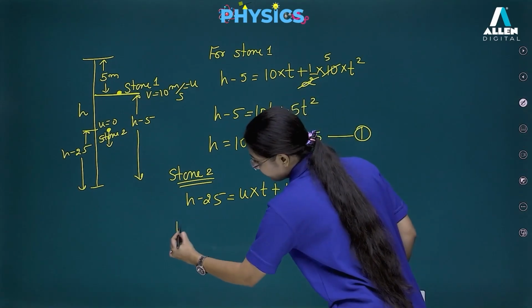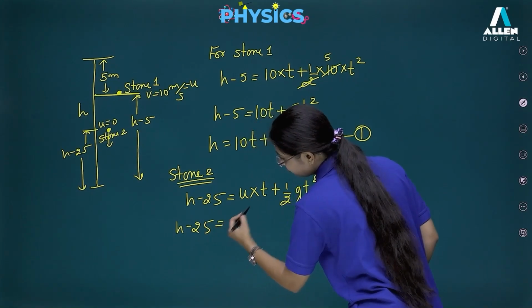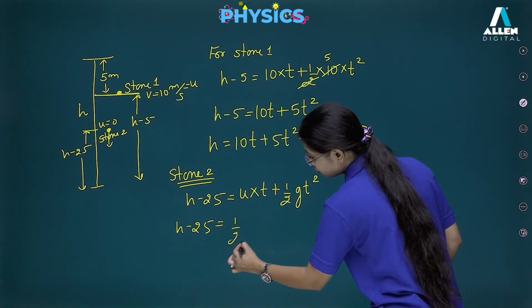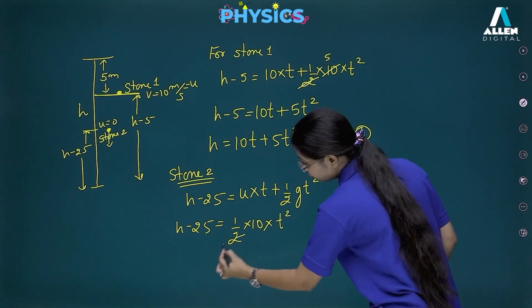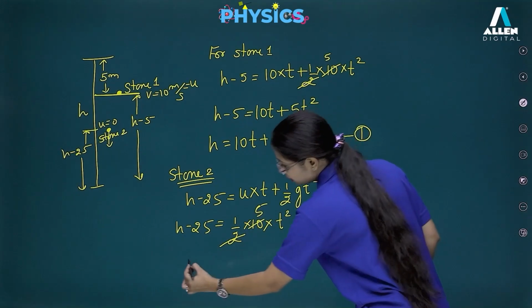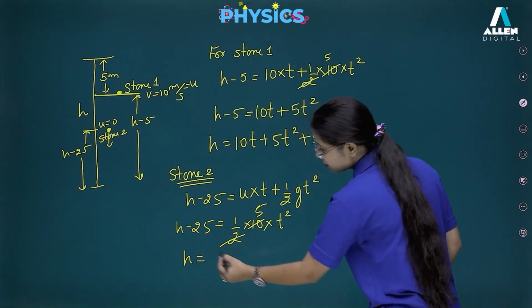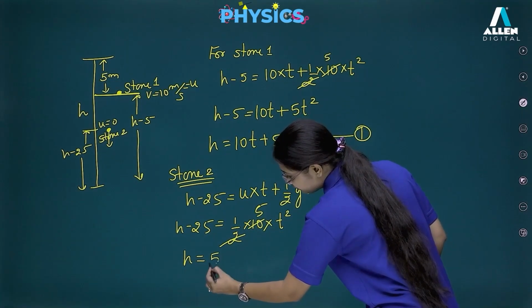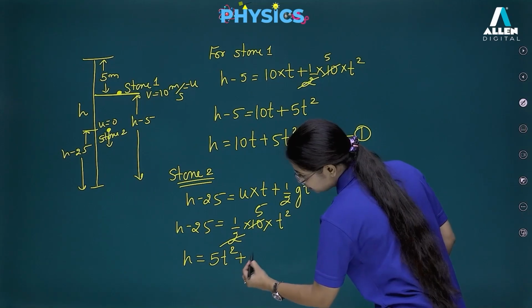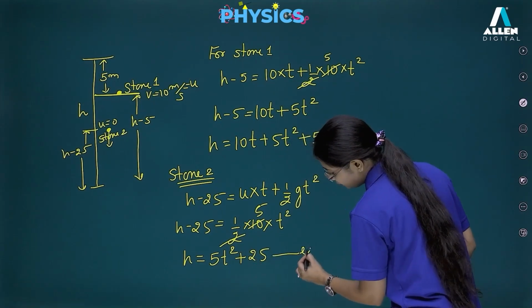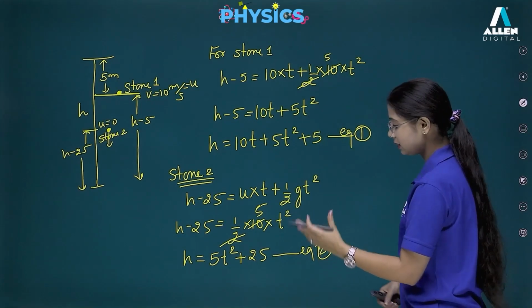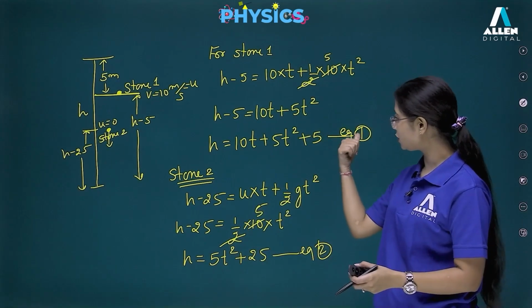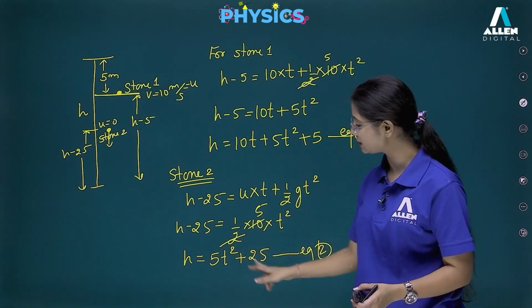So here h minus 25 is equal to 0, 1 by 2, g is 10 and t square. So 2 to 10 will cut 5 times. So here h will come, minus 25 will come here. It's 5t square plus 25. This is equation 2. Equation 1 and equation 2. Now from equation 1 and equation 2, height is this.